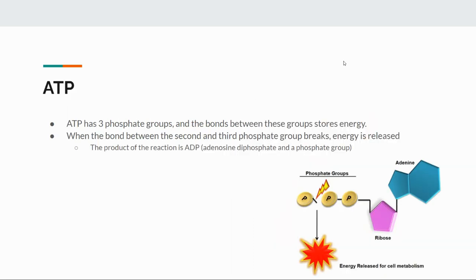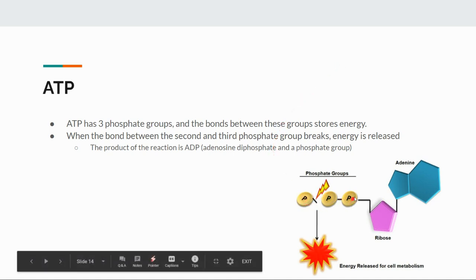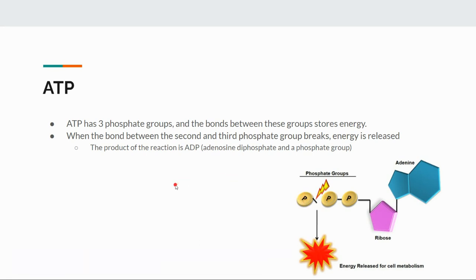So with ATP, the 3 phosphate groups, which are right here, 1, 2, 3, the bonds between these groups store a large amount of energy. When the bond between the second and third phosphate group breaks, energy is released. The product of this is ADP, adenosine diphosphate, and a phosphate group.